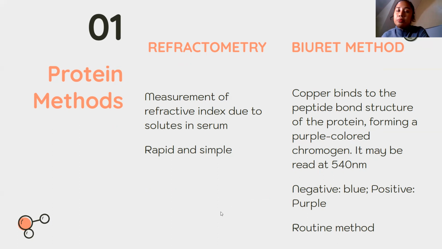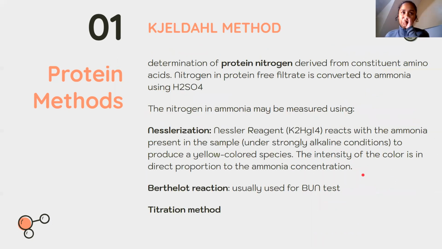So, Bure becomes positive if there's a presence of peptide bond, and peptide bonds are only found in proteins. If it's positive, it will produce a purple color. If it's negative, there's no peptide bond. So, carbohydrate, yung nilagyan mo ng Bure reagent, blue yung lalabas doon. And you can measure it spectrophotometrically at 540 nanometers. We also have Kjeldahl method, class.